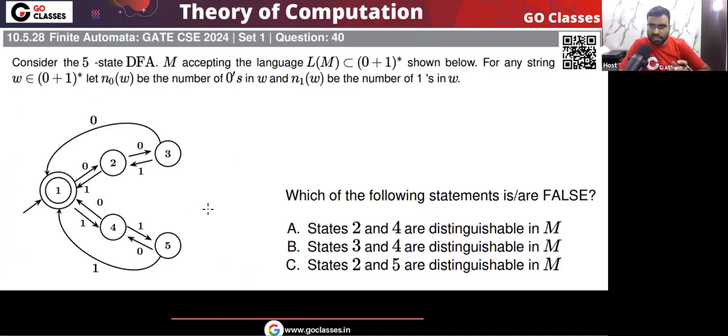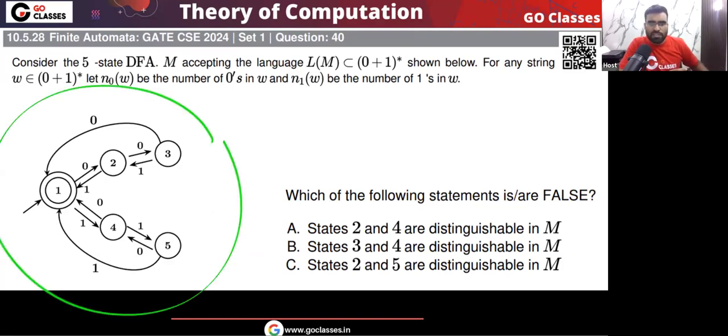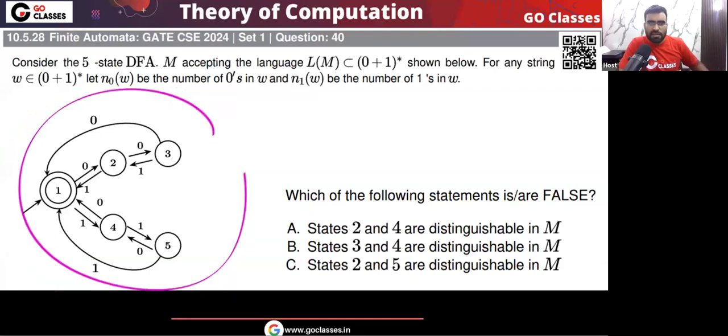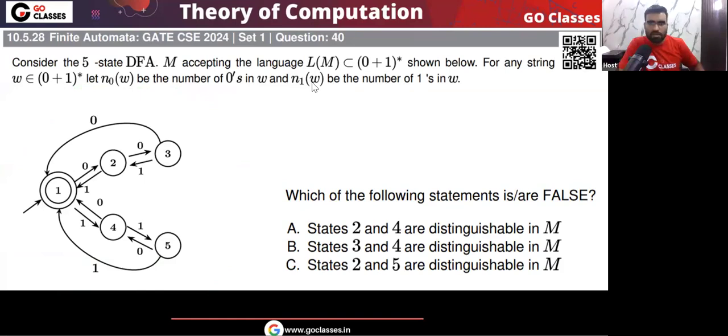You only have to check strings of length at most n minus 2. Here the number of states n equals 5, so you only have to check strings whose length is at most 3. This question is very easy. So finally, B and C will be the false statements.